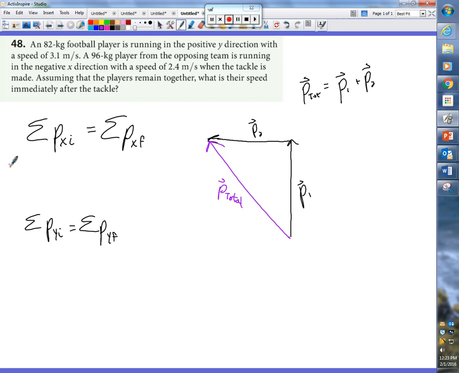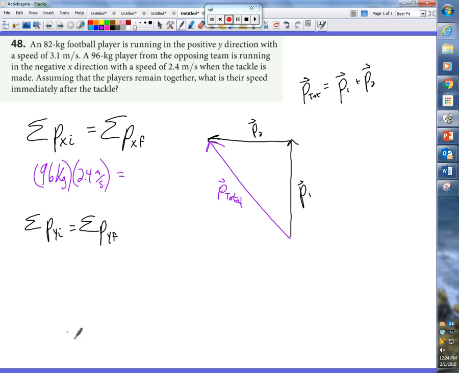And he has a mass of 96 kilograms and a speed of 2.4 meters per second. And there are no other x momentums going on, right? So we're solving this equation here. The total momentum in the x direction is just P1x, or whatever you want to call it. And since it has to be conserved, that's going to be the same value for the end.